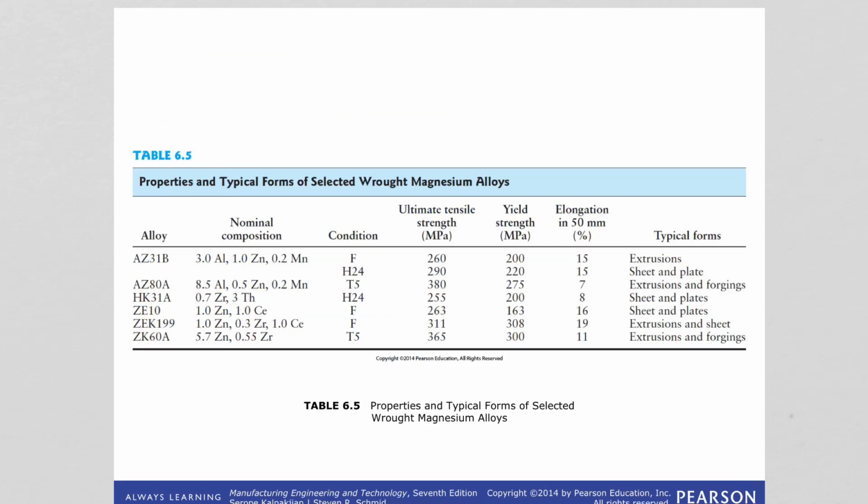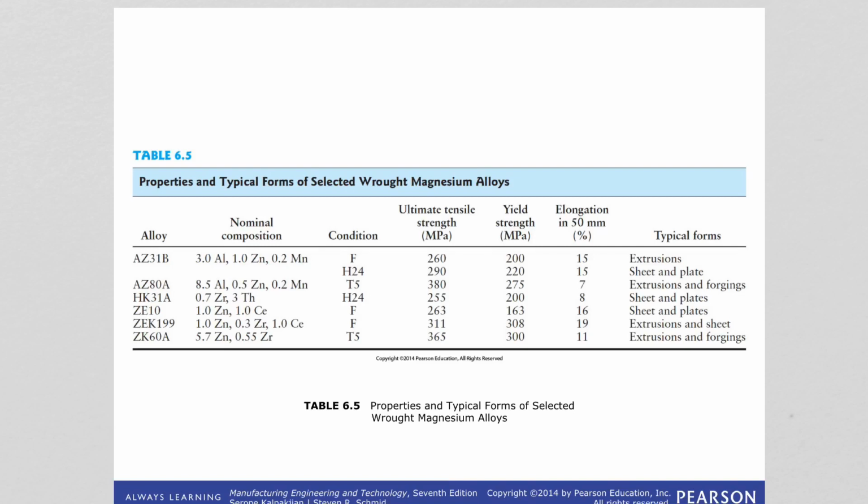So in this table we are seeing properties and typical forms of selected wrought magnesium alloys. The letters that represent the alloy are basically the letters for the main alloying elements.